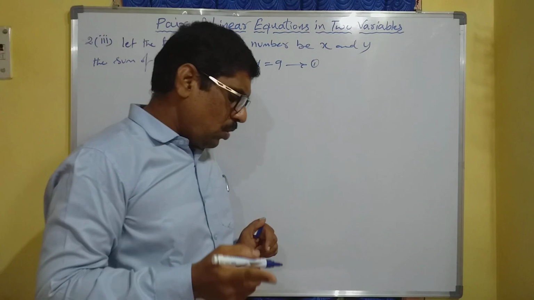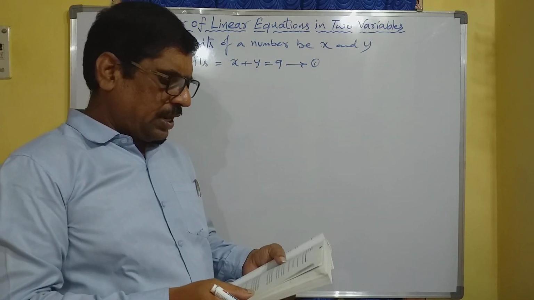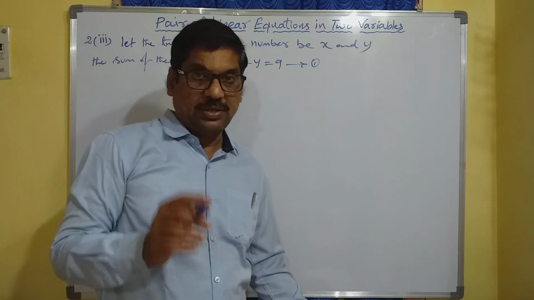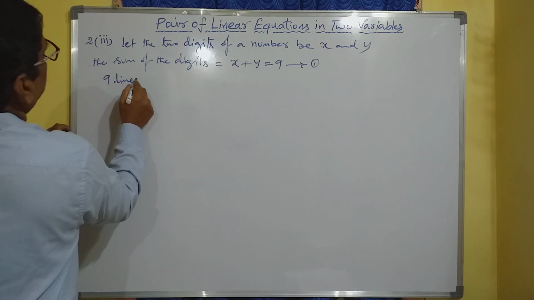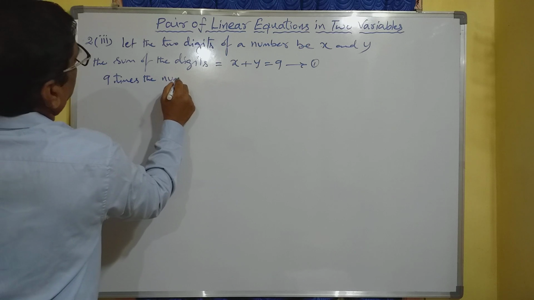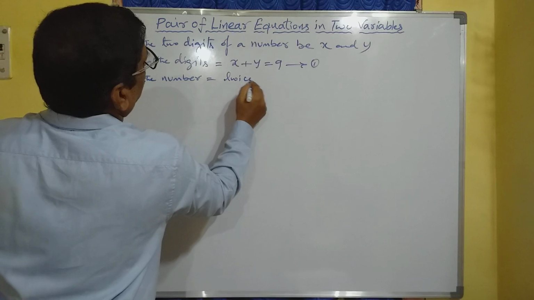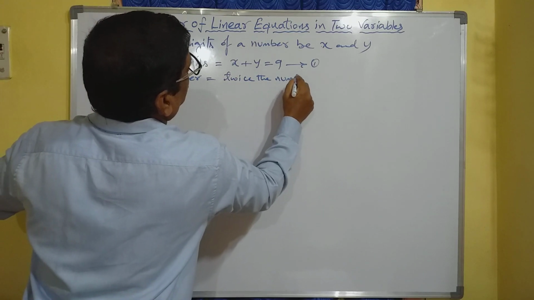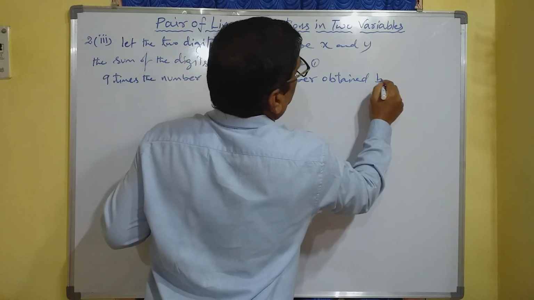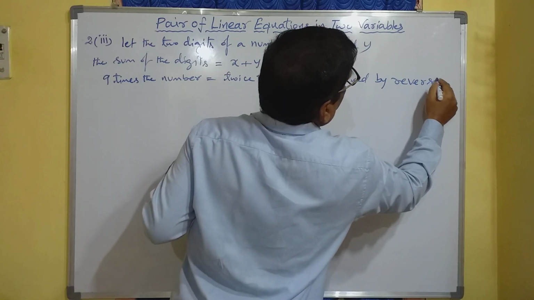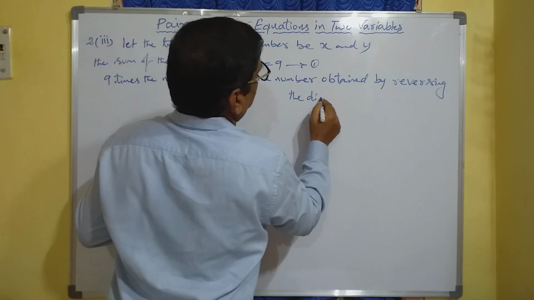He has given one more condition. What is that condition? 9 times the number is twice the number obtained by reversing the digits. The other condition is 9 times the number is equal to twice the number obtained by reversing the digits.